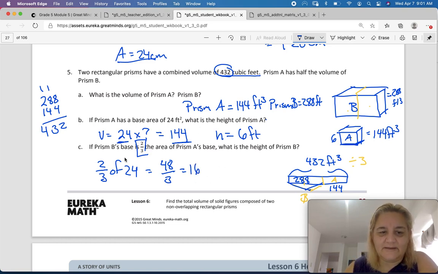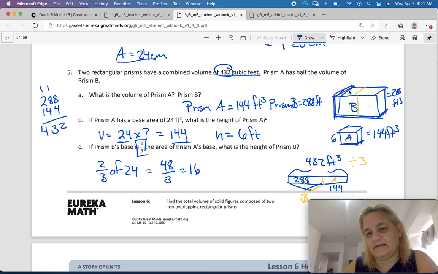Okay, so if the base of this is 16, see, I should have drawn the other way. You know what, I'm going to cut it this way, and we're going to call this the base on this side. This is going to be length and width, and that equals 16. So what is our height?